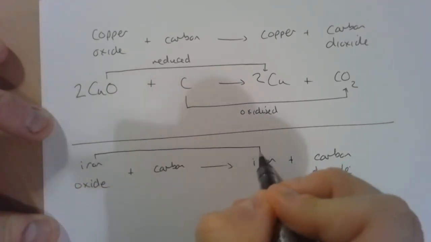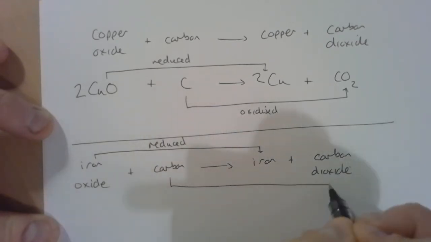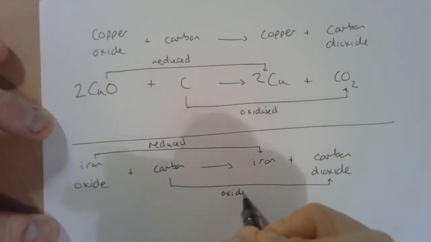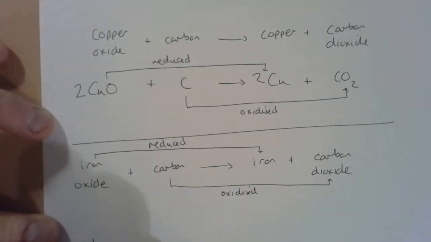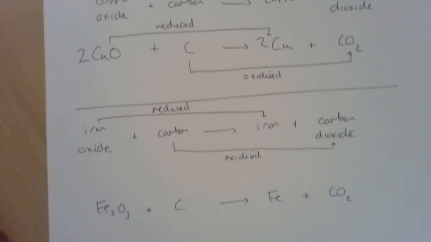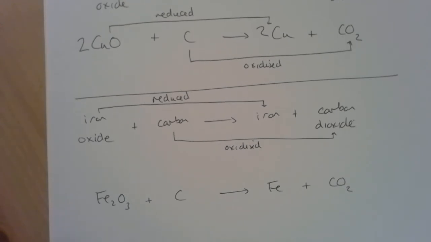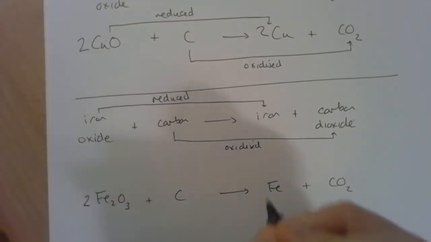So we can say iron has been reduced and carbon has been oxidized. If I wanted to do this as a simple equation, it's a slightly more complicated one because it's a tricky one to balance. So that's the simple equation there. Fe2O3 is the formula for iron oxide. To balance this equation, I'd need to do this.